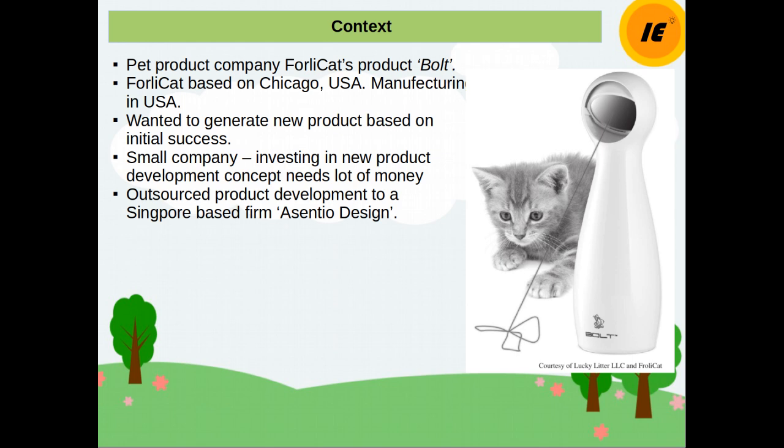So Forlico Cat is basically a USA company, Chicago-based, but their manufacturing happens in China, and I think that's the case with most companies in the USA.